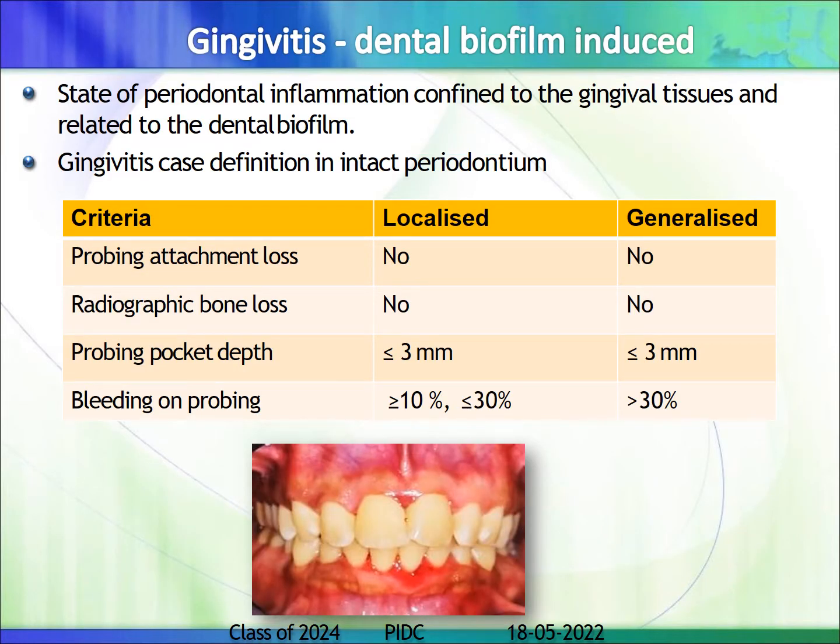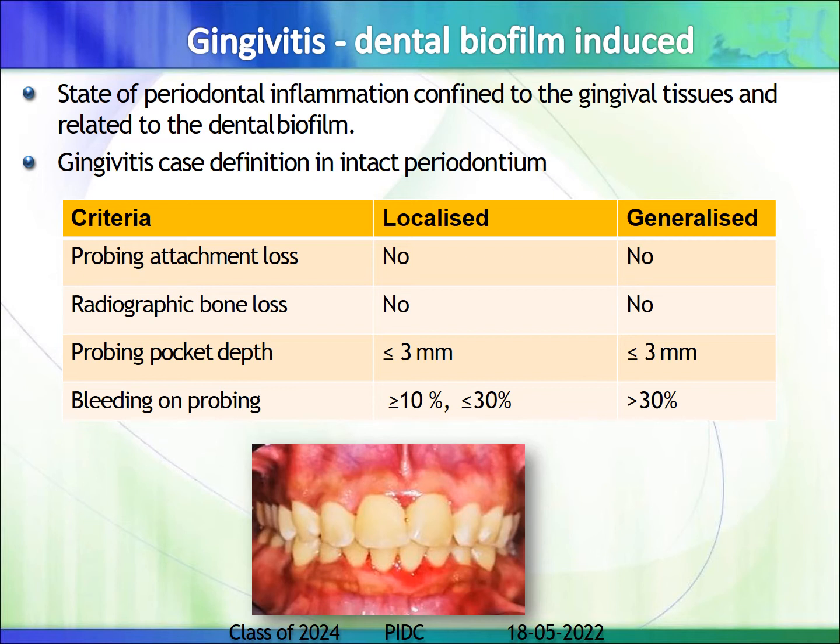So gingivitis, the second classification, is dental biofilm induced. It is a stage of periodontal inflammation confined to the gingival tissues and related to the dental biofilm, otherwise the plaque. Gingivitis case definition in an intact periodontium: if it is a localized gingivitis, then you would have no attachment loss, no radiographic bone loss, less than 3 mm of probing pocket depth, and 10 to 30% of bleeding on probing.